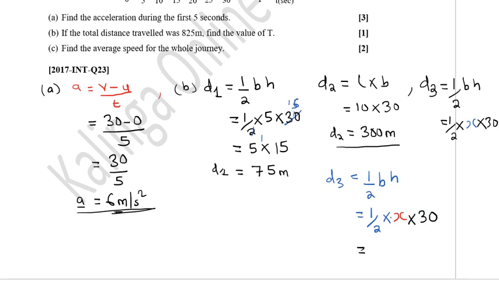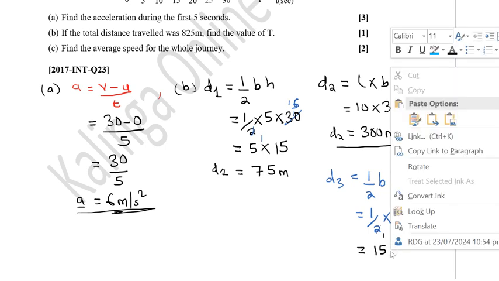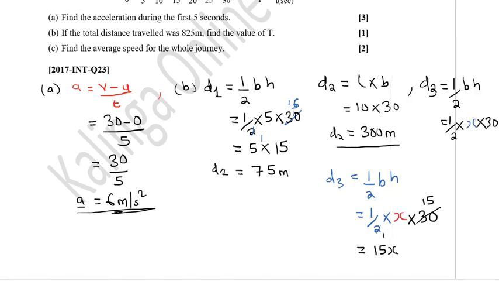So we can divide: 2 into 30 goes there 15 times. So it will be x times 15. The answer is going to be 15x meters. So this is our D3. You have seen how you get the distances.